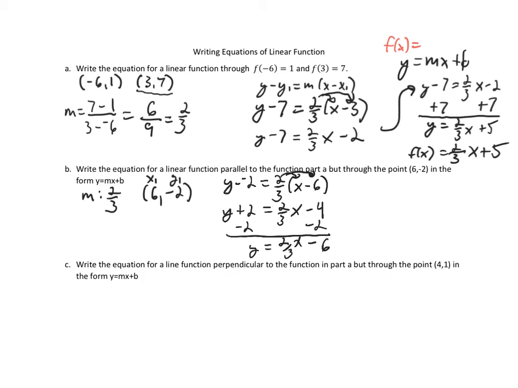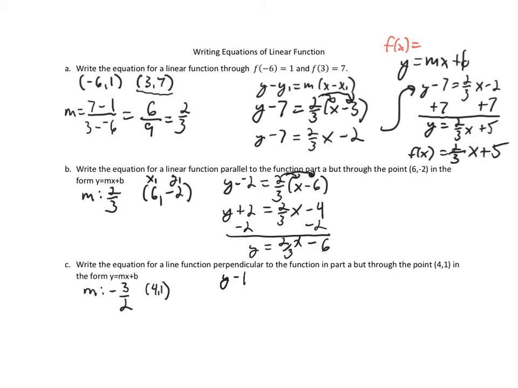Now we want to write an equation that's perpendicular, but through 4, 1. So if it's perpendicular, our slope is going to be a negative reciprocal. So if the original was 2/3, the perpendicular would be negative 3 over 2. Using the point 4, 1, we can write point slope form.